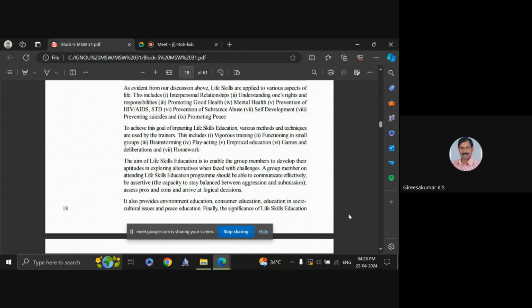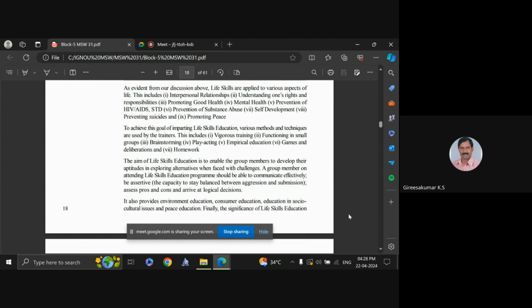There are various techniques, rigorous training. The techniques used by trainers are vigorous training, functioning in small groups, brainstorming, play acting, empirical education, games and deliberations, and homework.